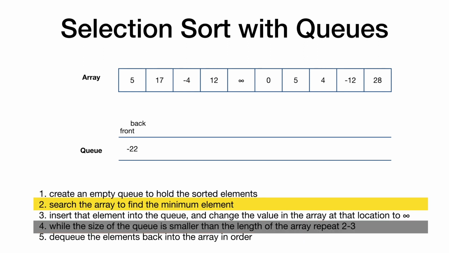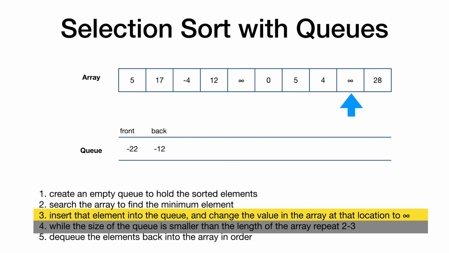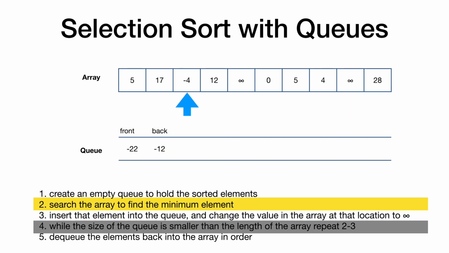Step 2 says search for the minimum element. Now that this is infinity, negative 22 is no longer the minimum element, so negative 12 is. Once again, we replace negative 12 with infinity and add negative 12 into our queue. We do the same thing with negative 4.